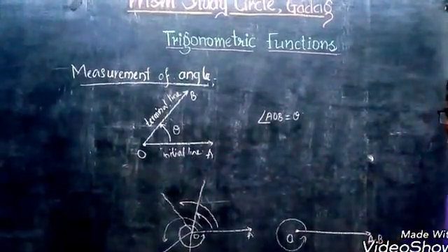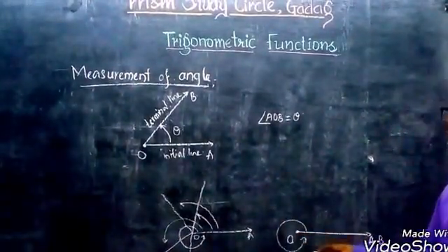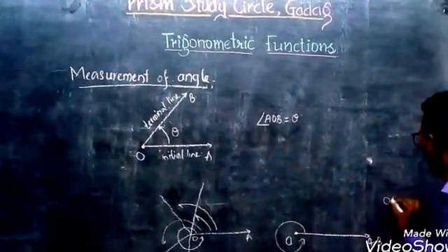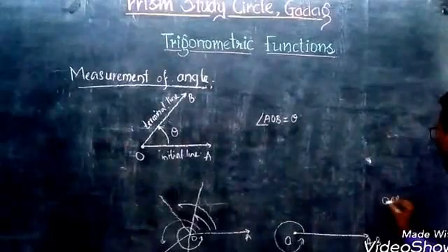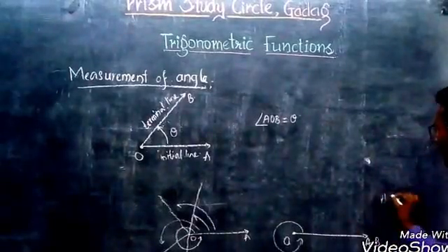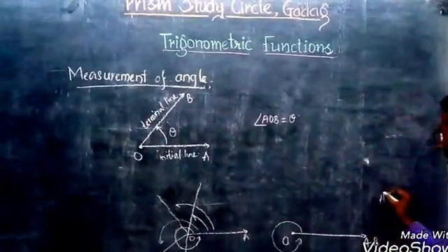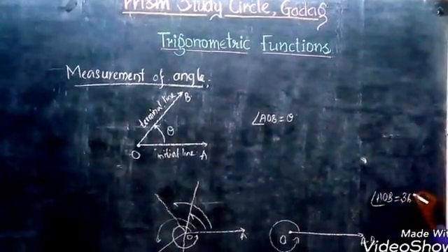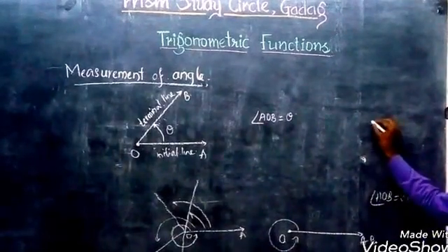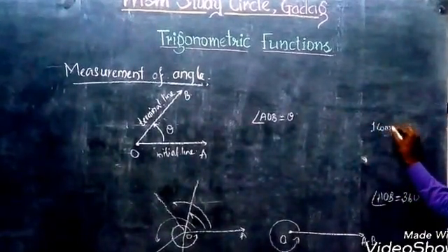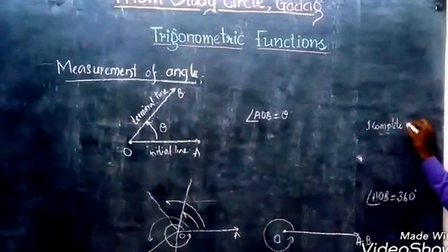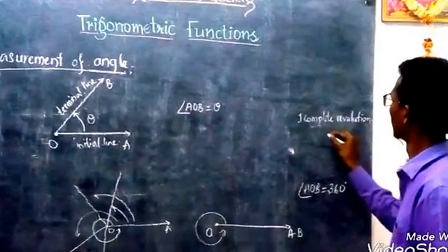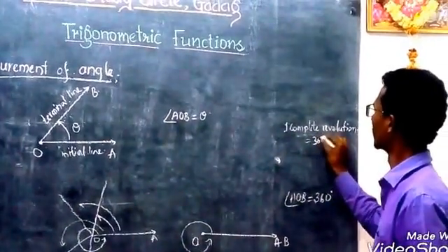We know that the angle at a point, or a complete angle, is equal to 360 degrees. So here angle AOB is equal to 360 degrees. One complete revolution is equal to 360 degrees.